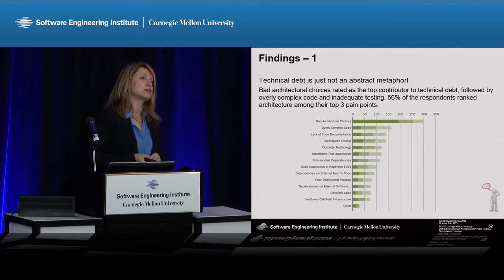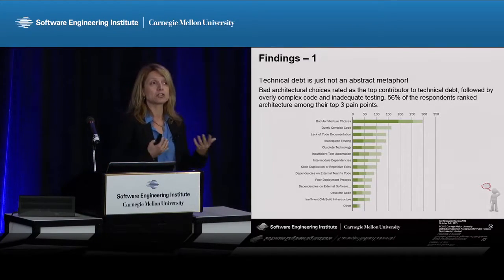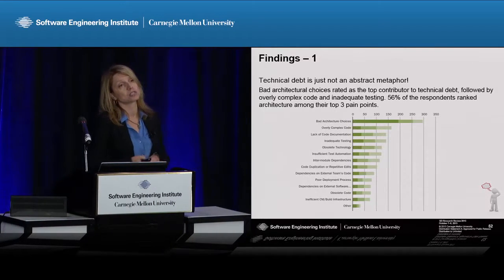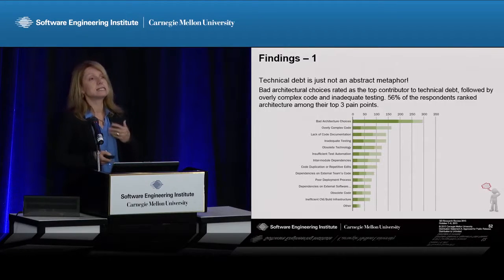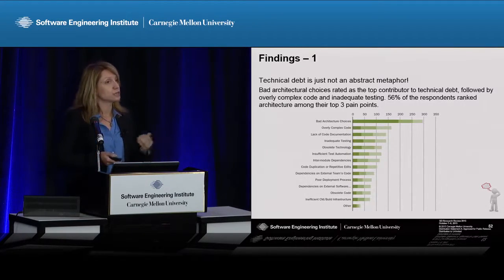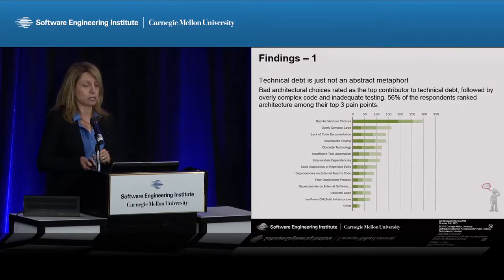The rest of the issues that followed actually have relationships to the architecture as well, like obsolete code, overly complex dependencies, not being able to update test suites when you refactor the system, and so on.